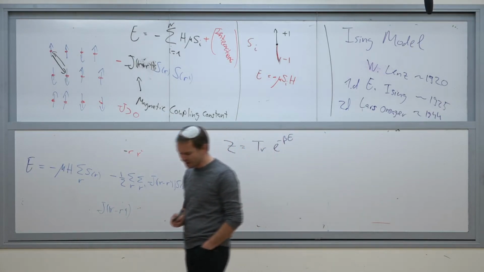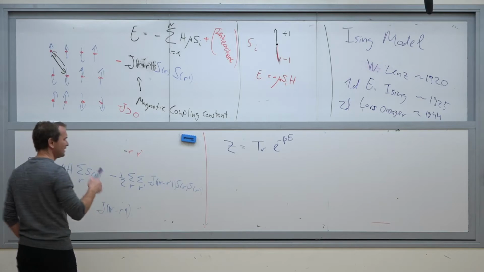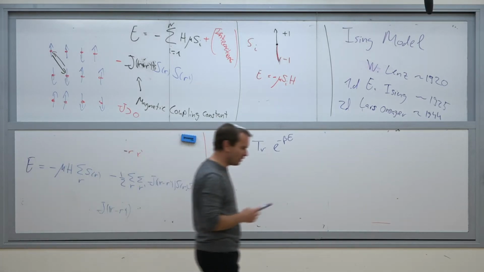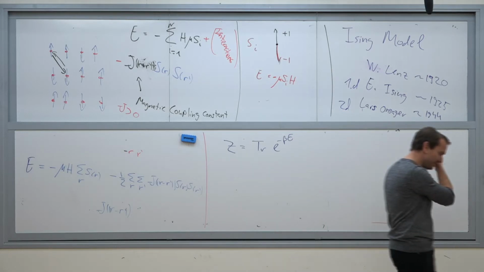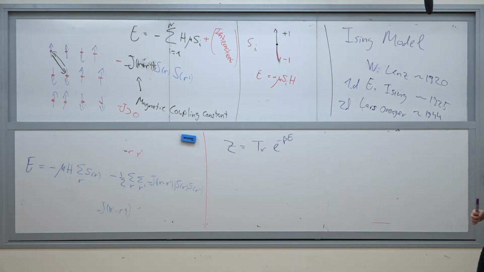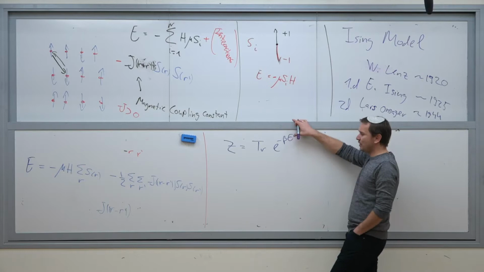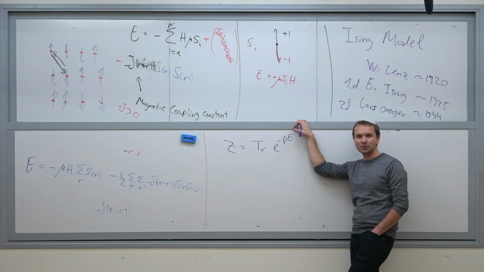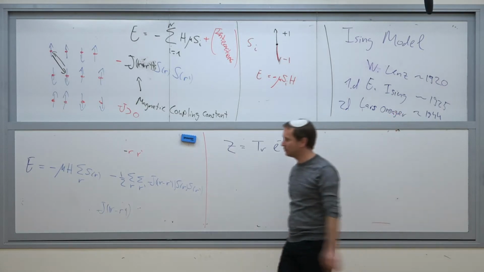Now what do I mean by a trace here? I already told you that if I have a Hamiltonian, I should find all the different eigenstates of this Hamiltonian, and take a trace of this big operator.